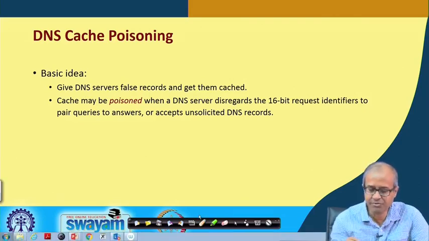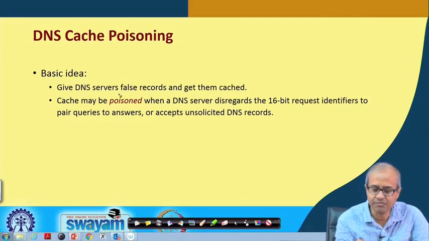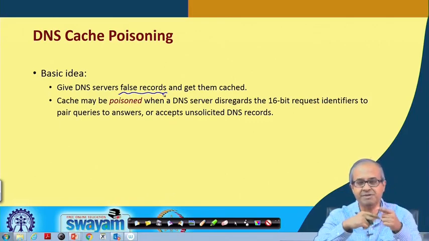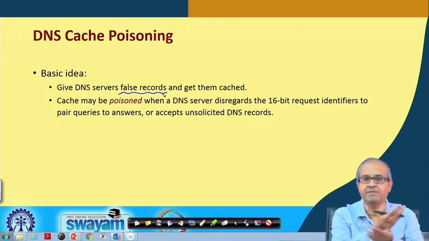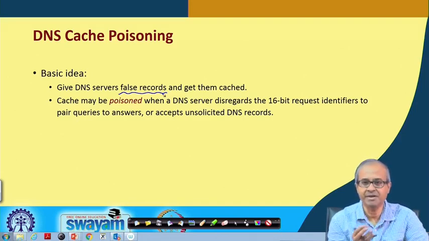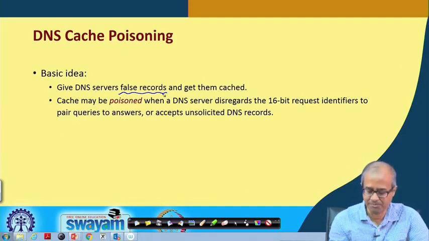But if you deliberately send some false records, a wrong IP address, that will also get cached. This is what we mean by poisoning the DNS database. So, in the future, if some requests come, the wrong IP address will be returned to the requester. This can be a security problem.